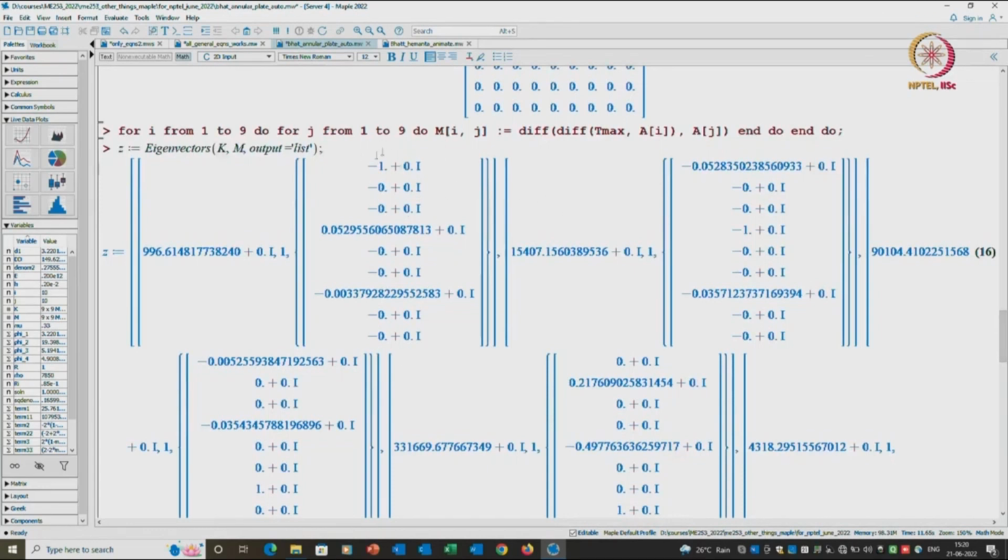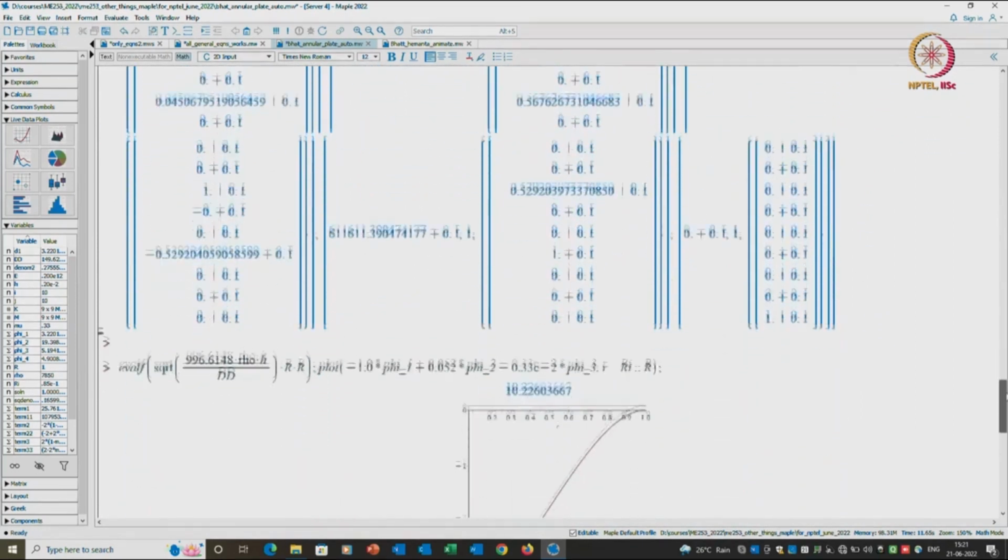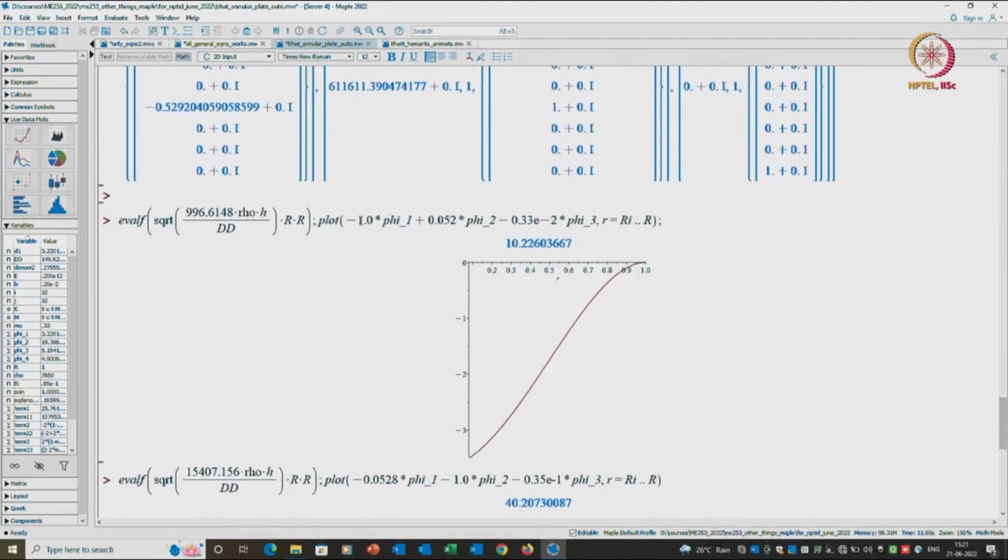So first 3 terms relate to phi 1, next 3 relate to phi 2, and then the last 3 to phi 3. So what we have, -1 for phi 1, 0.0529 for phi 2, and -0.0033 for phi 3. So if we do that over here, this line is relevant to that. So -1 phi 1 plus 0.052 phi 2 minus 0.0033 phi 3.